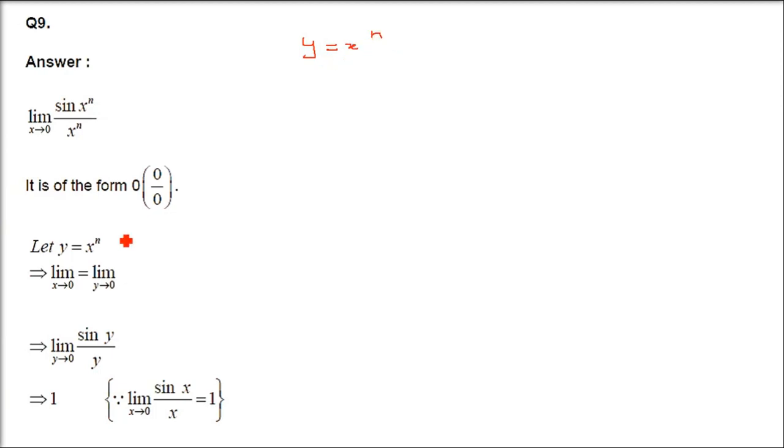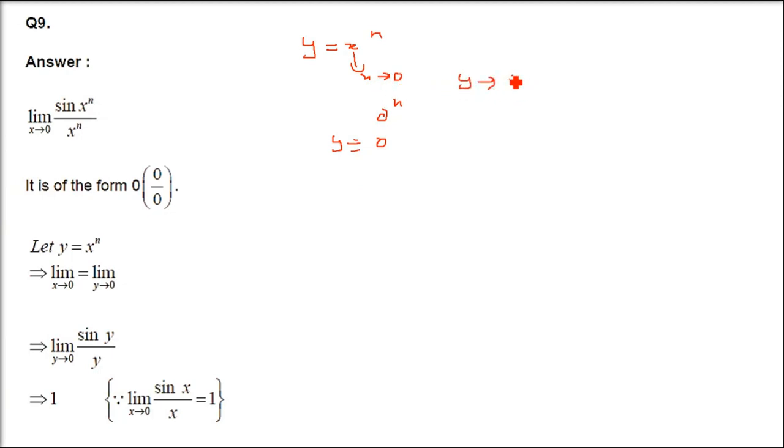So let us take y as x to the power n. We can take any alphabet. You can take t or whichever you want. So y equals x to the power n. If x tends to 0, then x to the power n will be 0. 0 to the power n is 0. So y will be tending to 0.